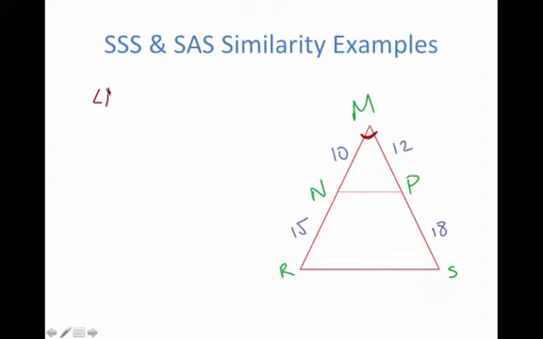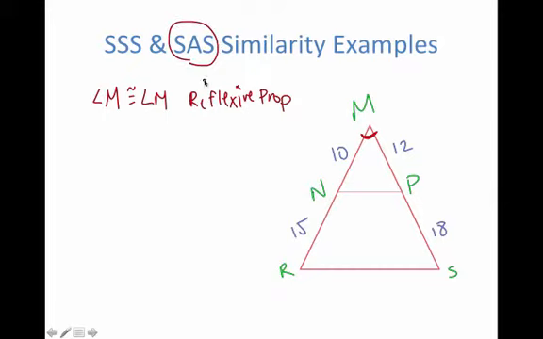So we know that angle M is congruent to angle M by the reflexive property. So if these two triangles are similar, they would be similar by the side angle side similarity theorem.